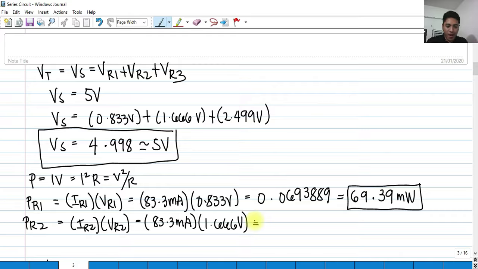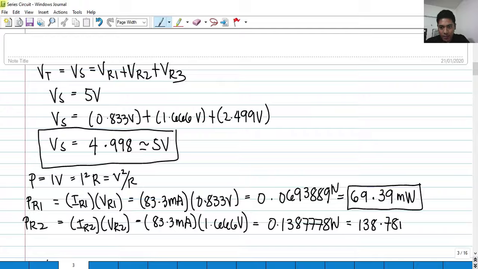So we have 83.3 times 10 raised to negative 3, times 1.666, which is 0.1387778 watts. In engineering notation, that is 138.78 milliwatts. Milliwatts means 10 raised to negative 3. That's a very small amount of power.